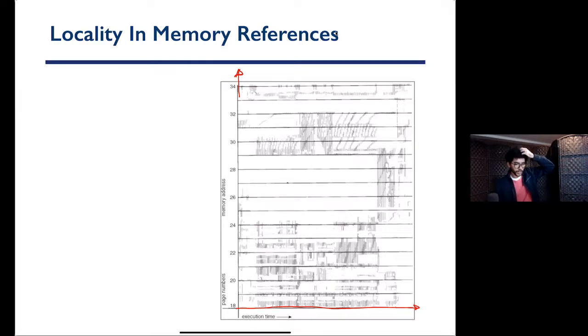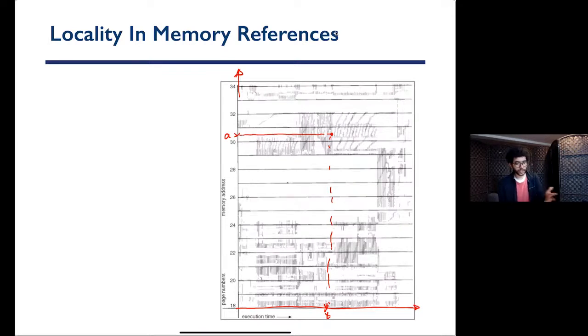Any single point in this graph shows me that this address was accessed at this time. So at time t, I accessed this address. So this is what this graph means. I looked at every single access at any single time, and I put a dot for that.